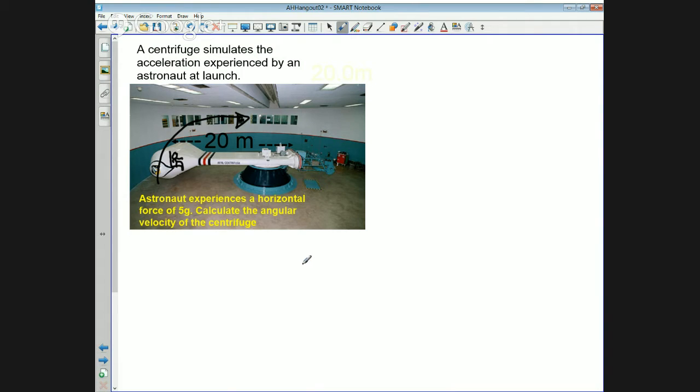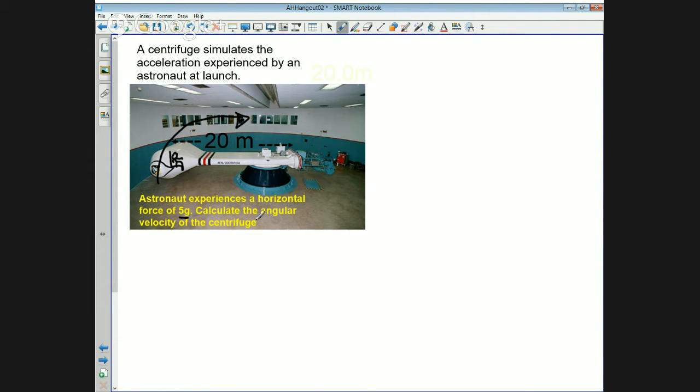It's to give the astronaut the practice of experiencing very big accelerations that you'd actually encounter during takeoff of a rocket. And in this case, the astronaut is going to experience a horizontal force of 5g. Now, what does 5g mean? 5g means 5 times the astronaut's normal weight on Earth.